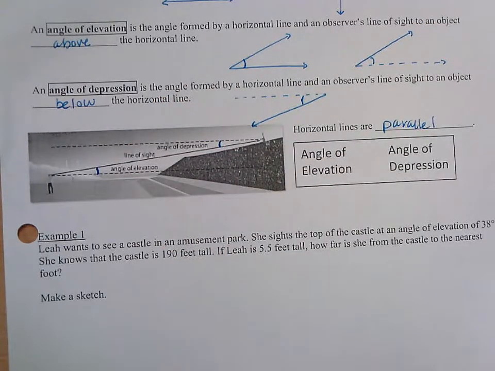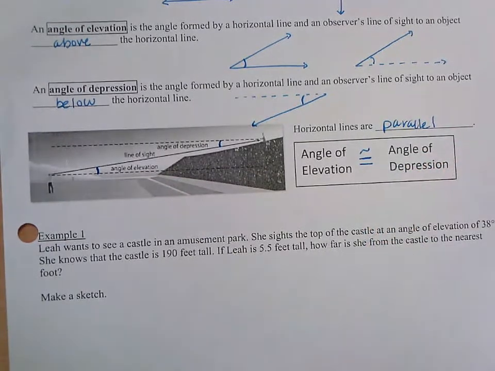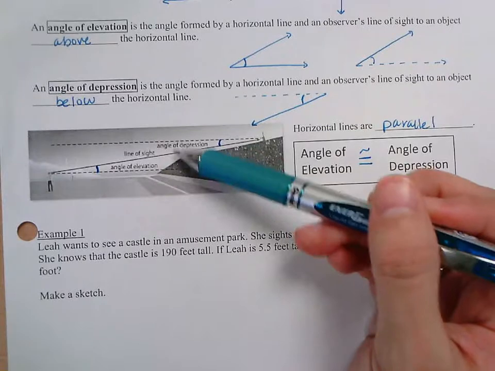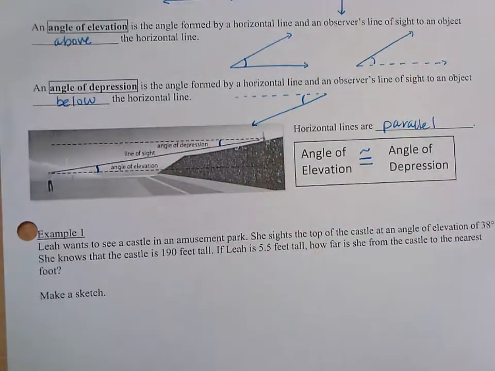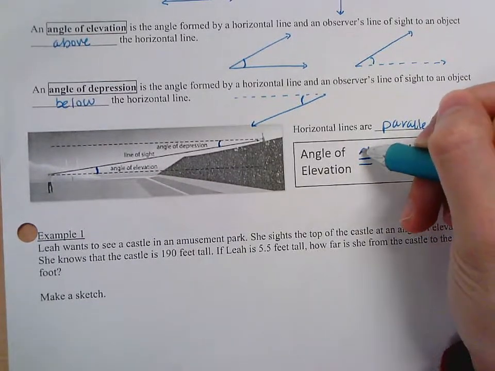They're congruent. Angle of elevation is congruent to the angle of depression. They're congruent because, although we've not discussed it in this class just yet, they are alternate interior angles based on those two parallel lines. That is something we will be talking about eventually, but for now it might be helpful to know that they are congruent.